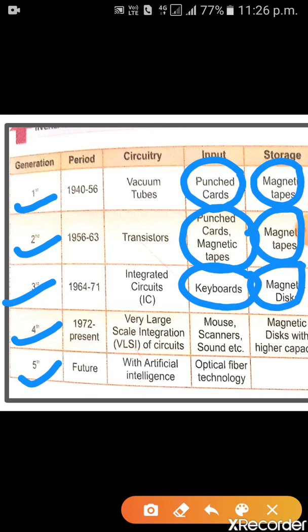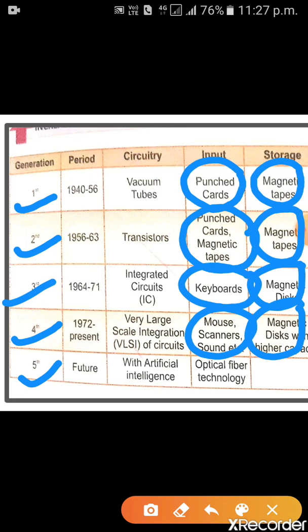In the fourth generation, very large scale integration of circuits is used. Mouse, scanner, sound, etc. are used as input devices, and magnetic disk with higher capacity is used as a storage device.